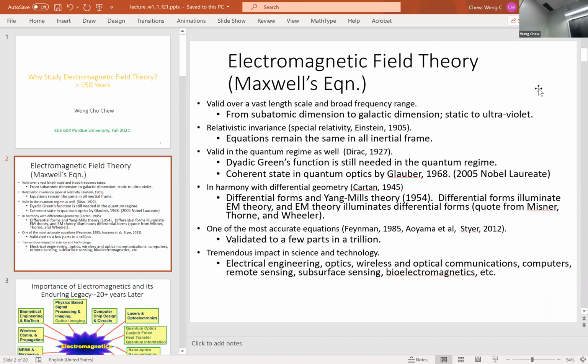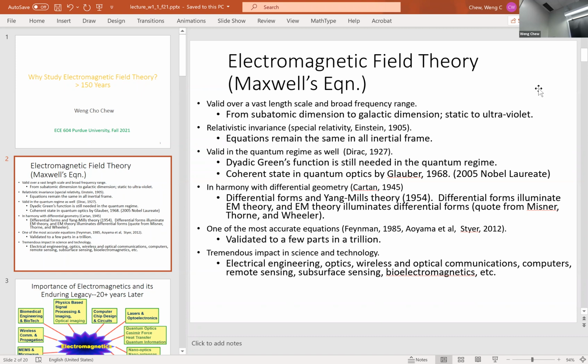Those people lived in the 1600s, 1700s, and 1800s. They formulate a kind of mathematics which is differential calculus. But the more modern form of calculus is actually differential geometry. And the electromagnetic theory is one of the most accurate equations that we have ever formulated. It's valid to a few parts in a trillion.